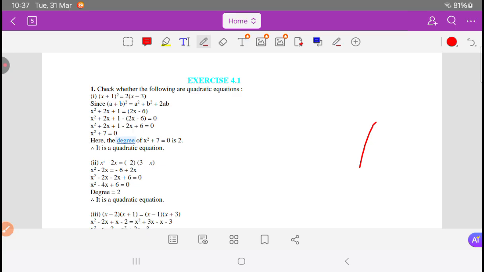If an equation is quadratic, it should be in the form ax square plus bx plus c. So let us do it for you. (x plus 1) whole square equals 2 multiplied by (x minus 3). So x plus 1 whole square is in the form of (a plus b) whole square, so you can write a square plus b square plus 2ab.